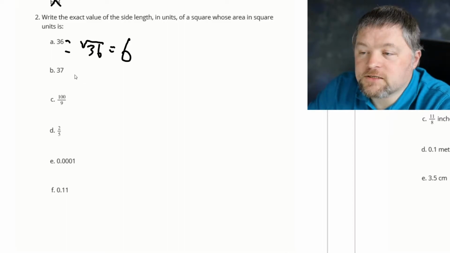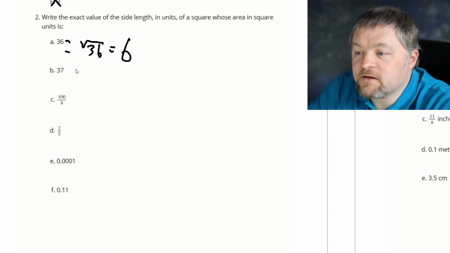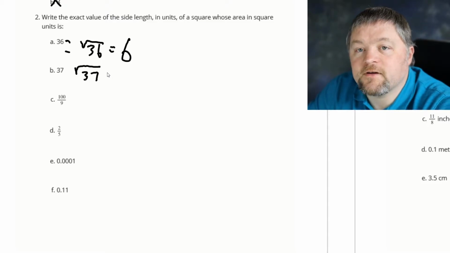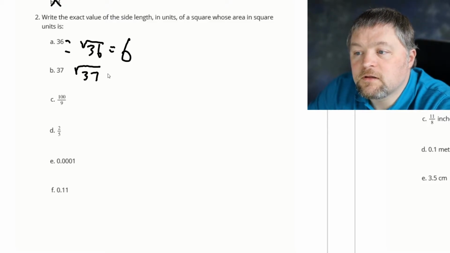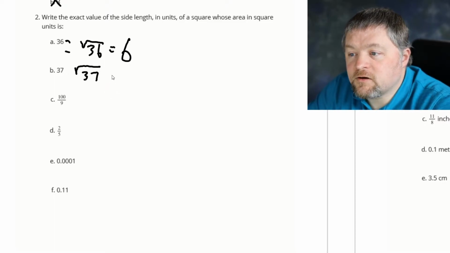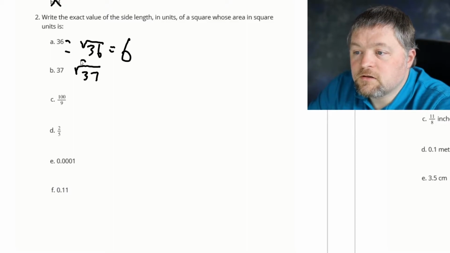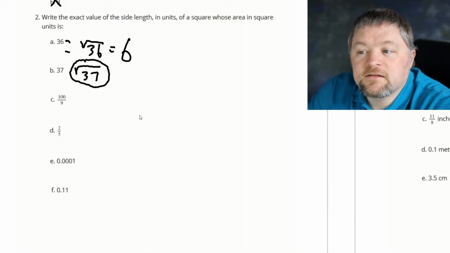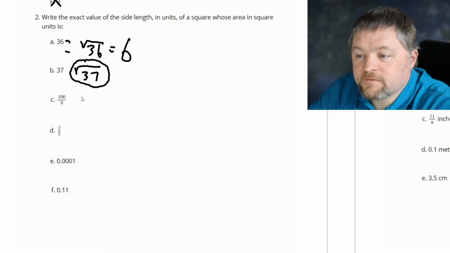Our next one, 37, we want the square root of 37. Is the square root of 37 a nice number? No. So for this, we get to be lazy. The answer is the square root of 37.